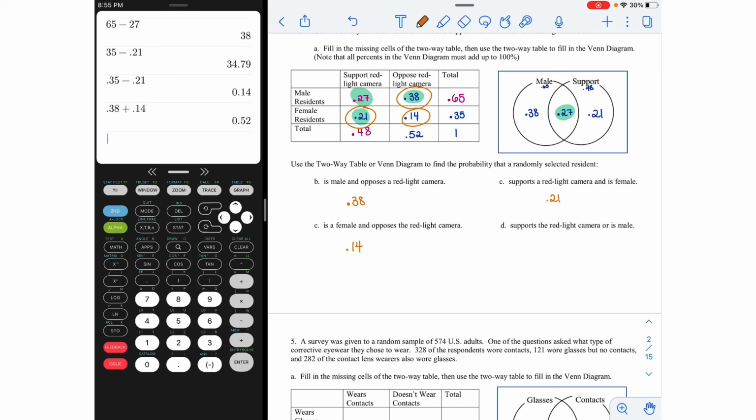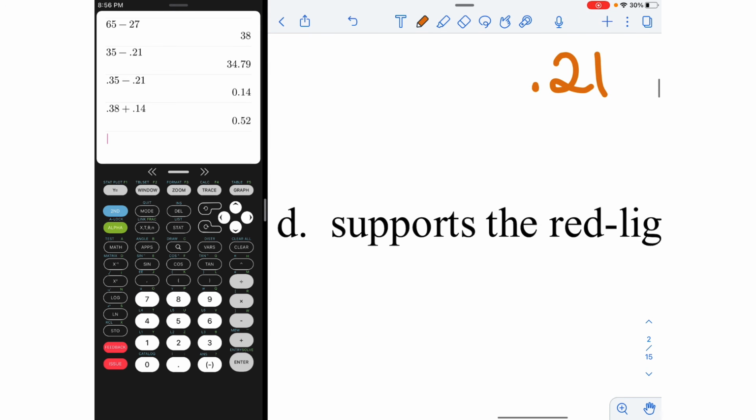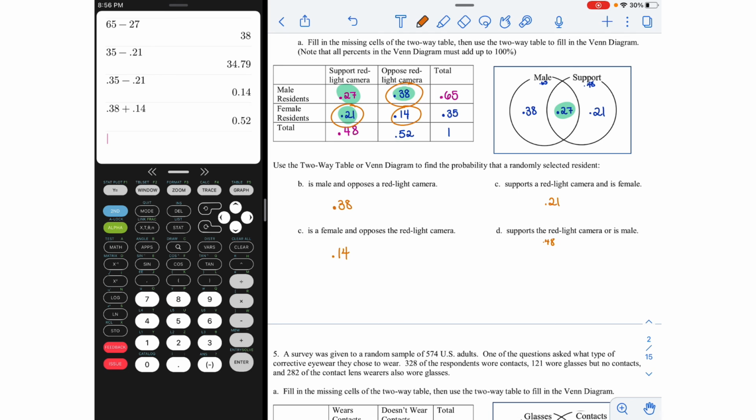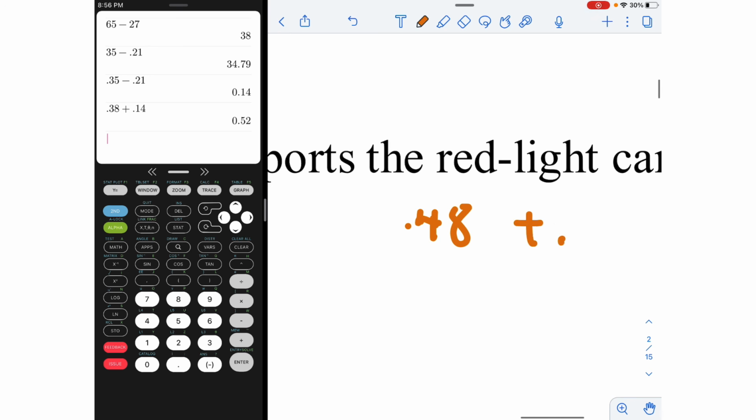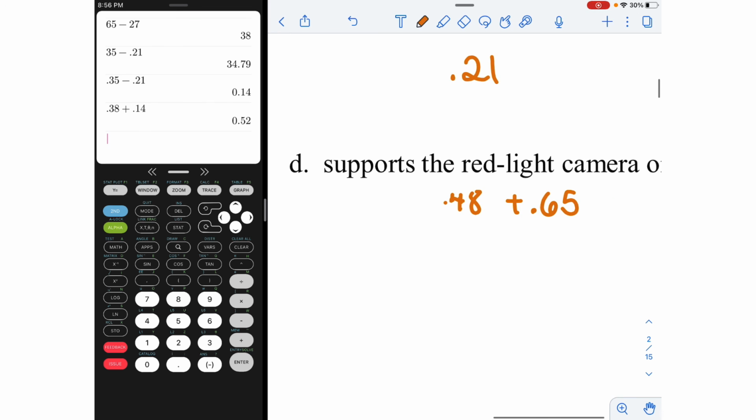Supports the red light or is male. So supports the red light in general is 0.48. Or is male. Now, this one's kind of hard because 65% are male. However, we're double counting.